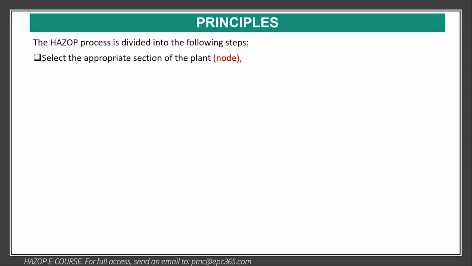HAZOP process is normally divided into the following steps. So first we have to select the appropriate nodes. These nodes have to be defined by the chairman, and a meeting should be run with the company and contractor to discuss and validate the nodes.